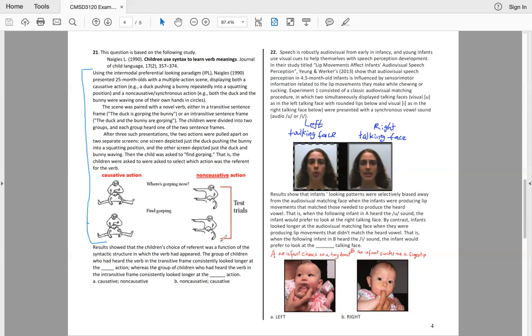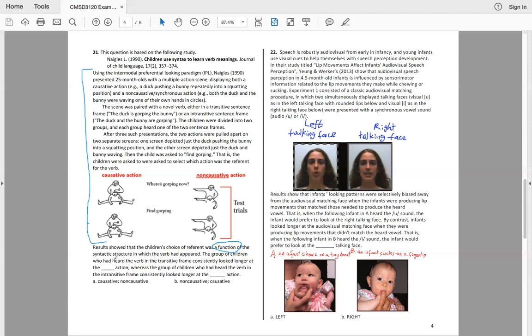A function of basically means depend on. The children's choice of reference was dependent on the syntactic structure in which the verb had appeared.